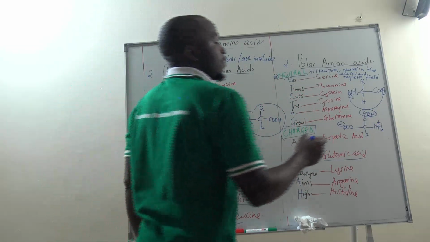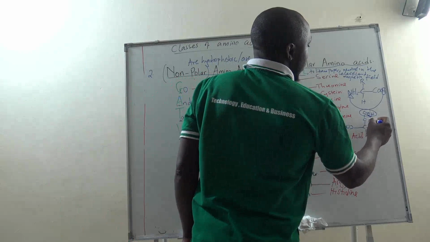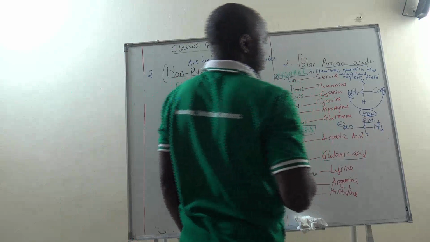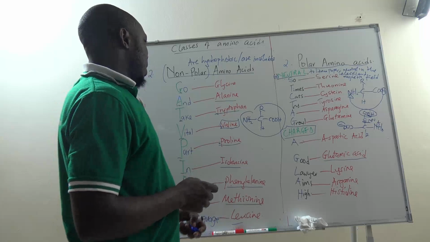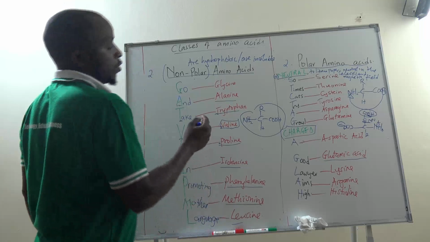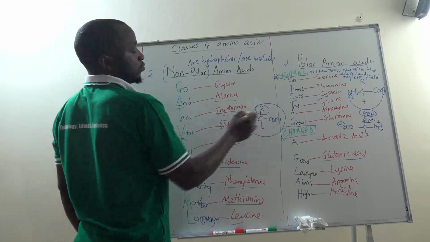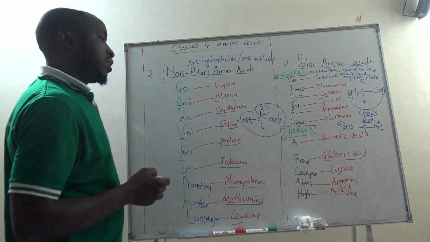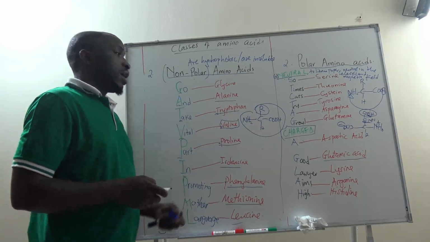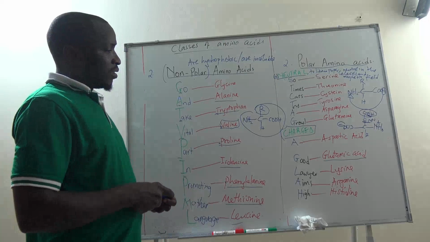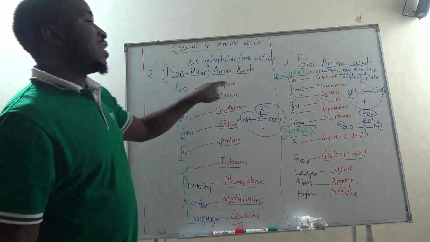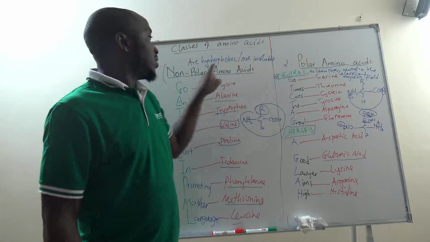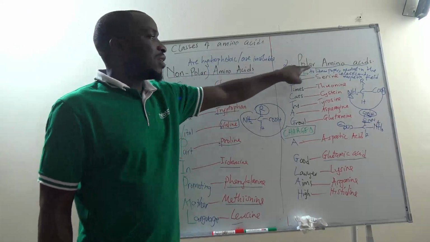Or it might have more nitrogen in the R group. So the R group on amino acids is the basis of the variation of amino acids, to the extent that some are non-polar, others are polar.